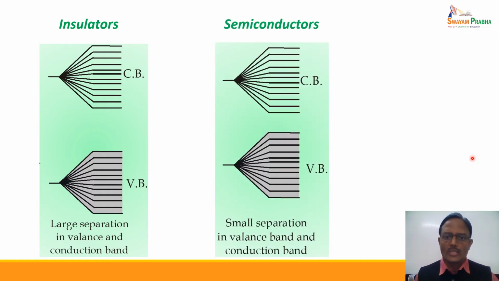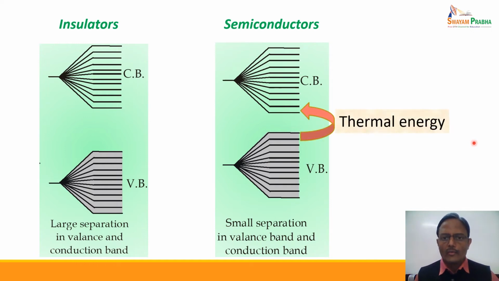But in case of semiconductors, the valence band is completely filled, the conduction band is empty, but the energy gap between these two is extremely small. So when we supply a small amount of thermal energy, electrons can jump from valence band to conduction band just by absorbing the thermal energy, and thereby it can conduct electricity in this band because of the free movement.